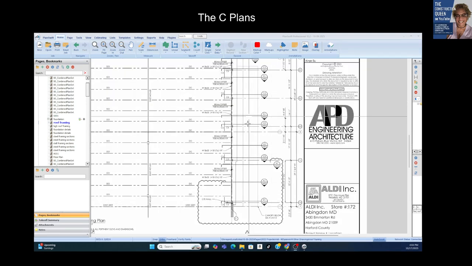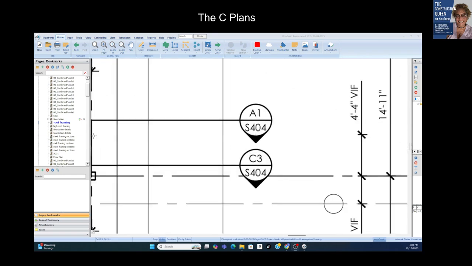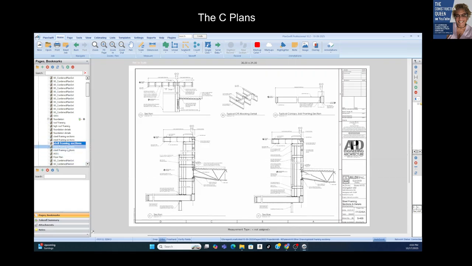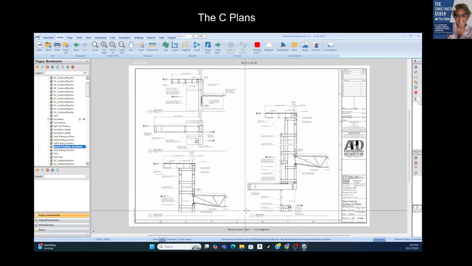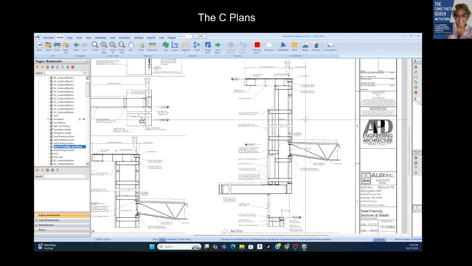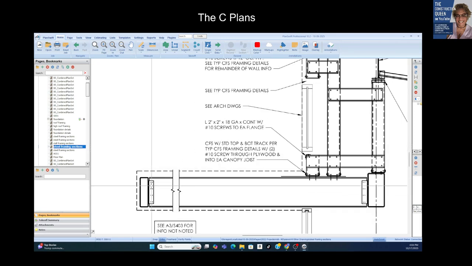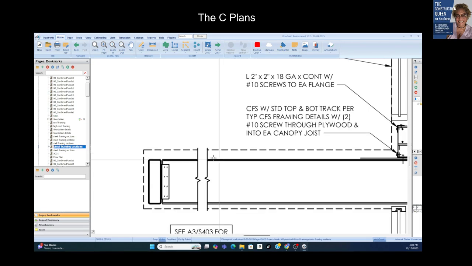All right, so let's go to A1 over S404. Steel framing, A1 404. So there's a lot here. For the purpose of a takeoff, oh my God, that's a lot. Because what do you have to do in terms of a takeoff? Well, this part, I think we got that in the continuation symbol.